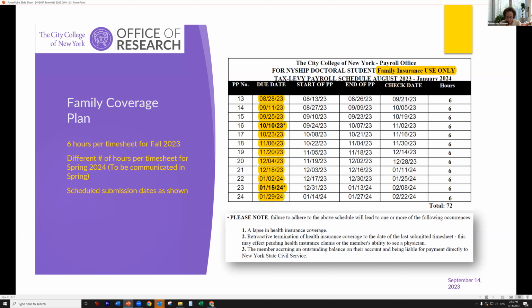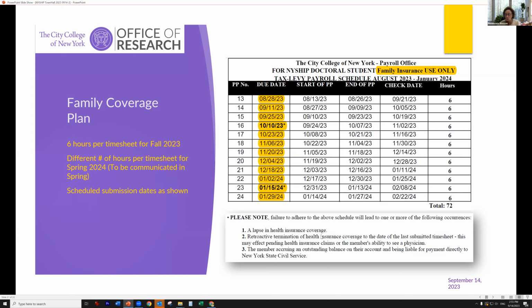If they don't, they just build up and aren't submitted, the student is not paid, and the insurance is not taken out. The student thinks he or she has health insurance and they don't, because they haven't been paying the premiums as a result of the timesheets not being submitted.